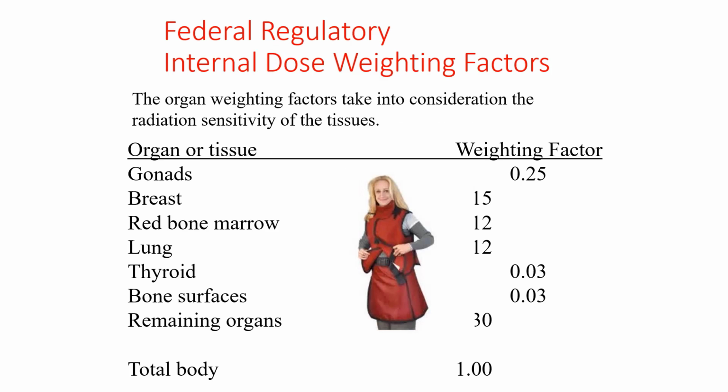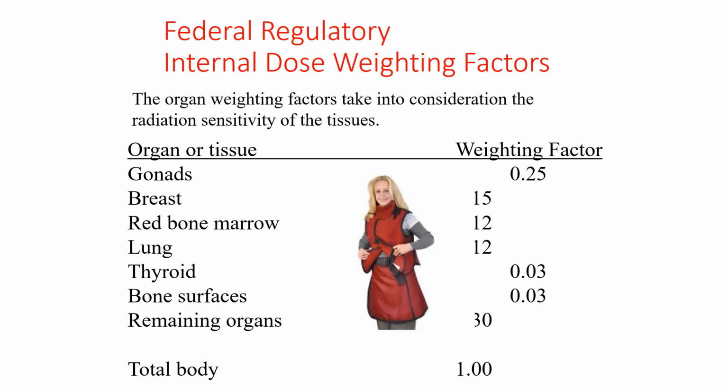Internal dose weighting factors. Well, what are we talking about when we talk about internal dose weighting factors? As you get an exposure of X-ray to your whole body, there are certain portions of your body that are more sensitive to ionizing radiation than others.